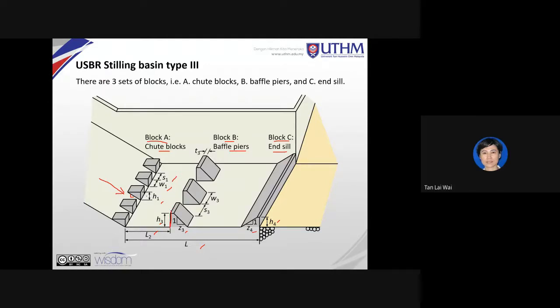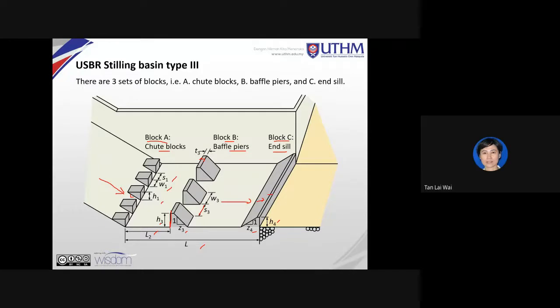It will try to reduce the velocity of your flow further, and it will slow your flow down with this face, a sloping face, which has a slope of 1 to Z4, and height. Similarly, you have S4, the spacing, and then you have the width of the buffer piers, W3. And then you have thickness, which is T3.